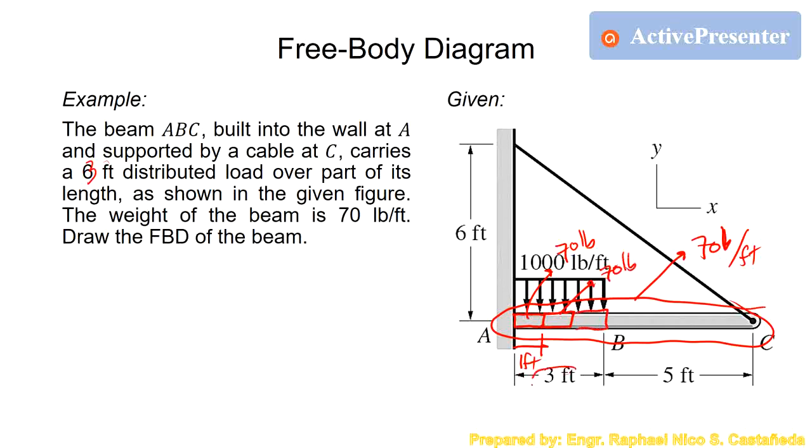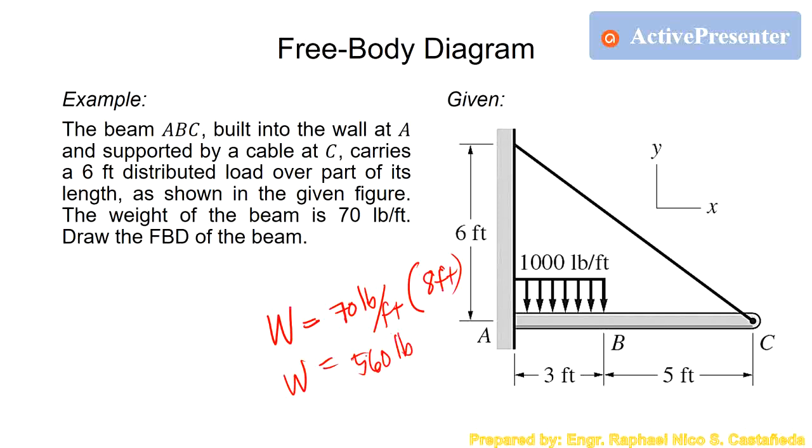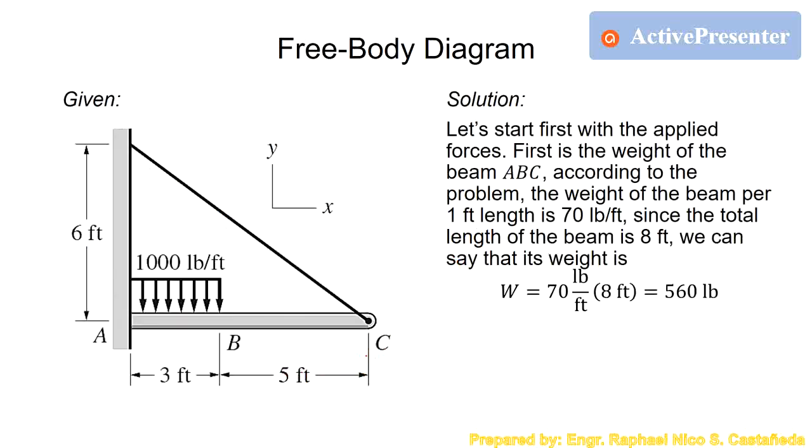So to get the weight of the beam, we take 70 pounds per foot times the length of the beam, which is 8 feet. That will be the weight of our beam, which is basically 560 pounds.